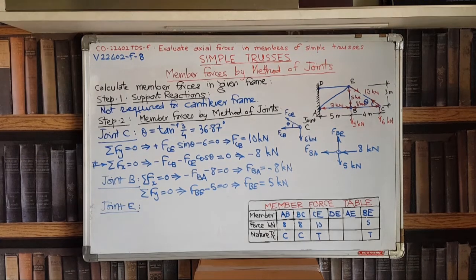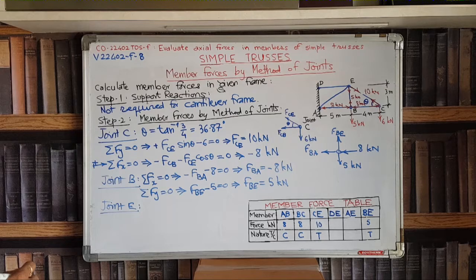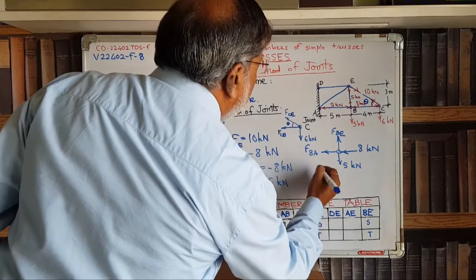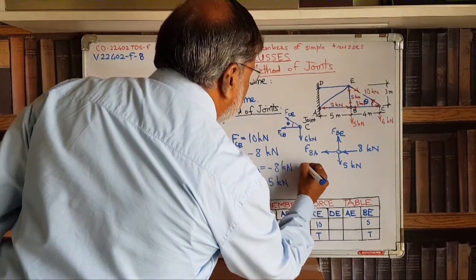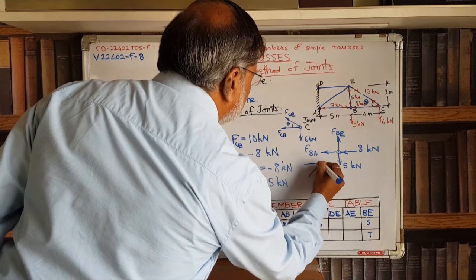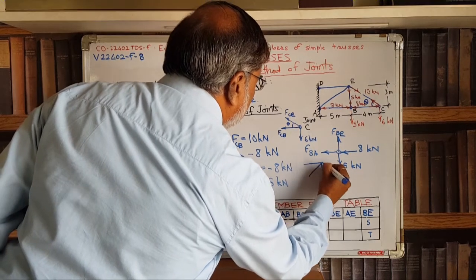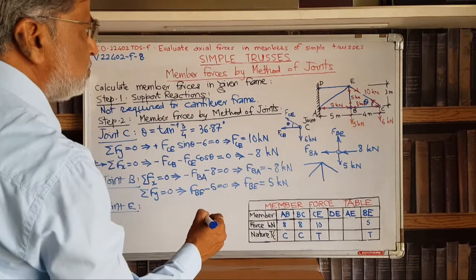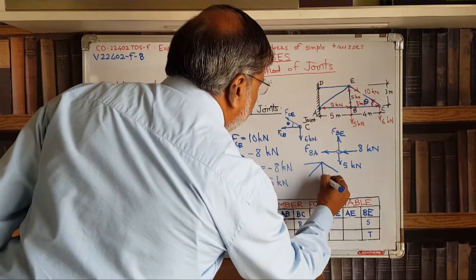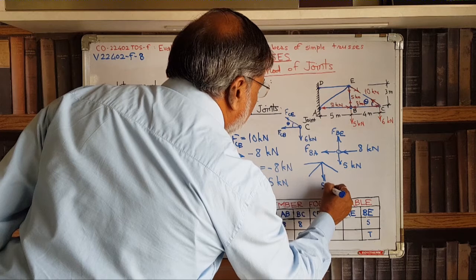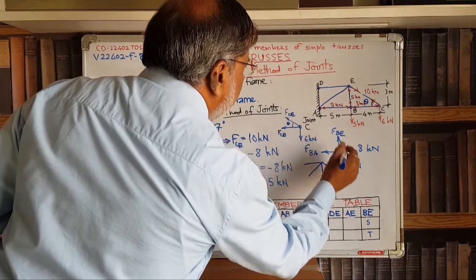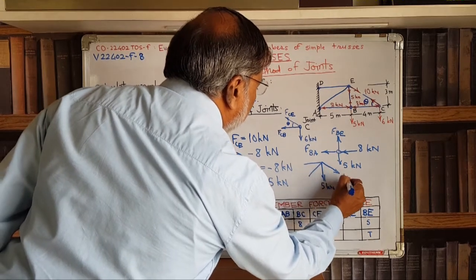So let us first consider the free body diagram of joint E. Joint E will be like this. There are four forces at joint E. The 5 kilonewton force is known. The 10 kilonewton force is also known.